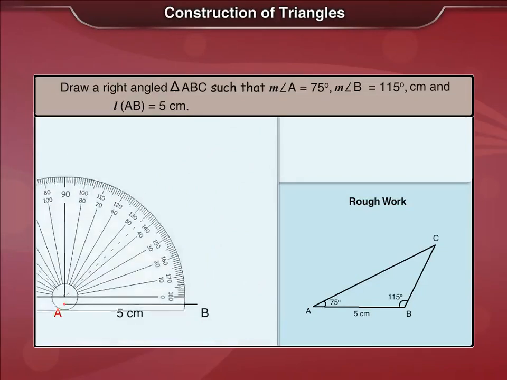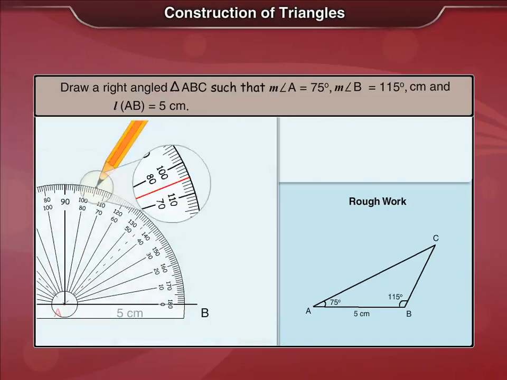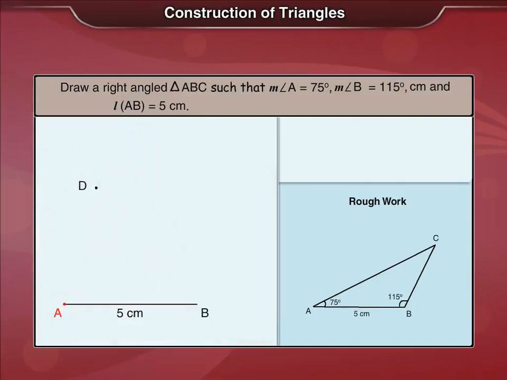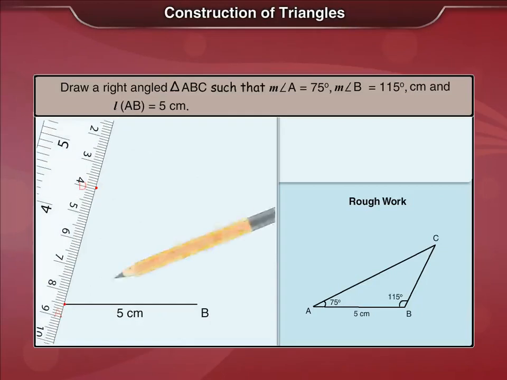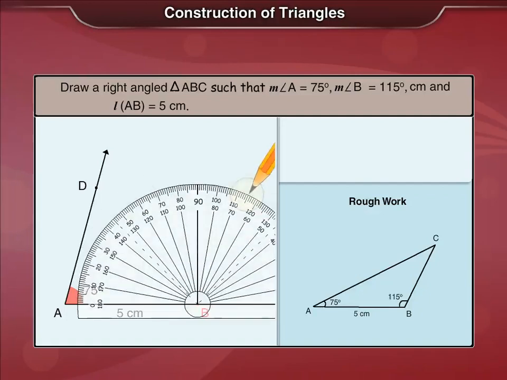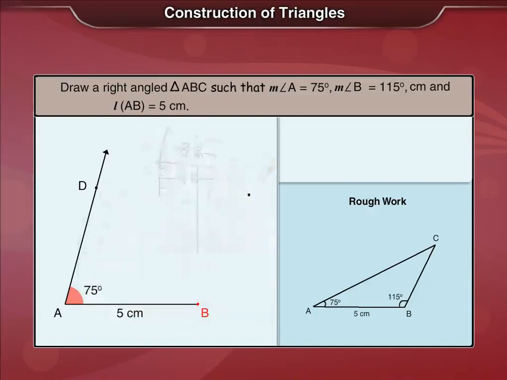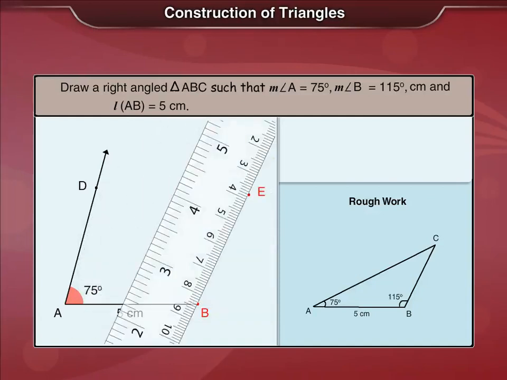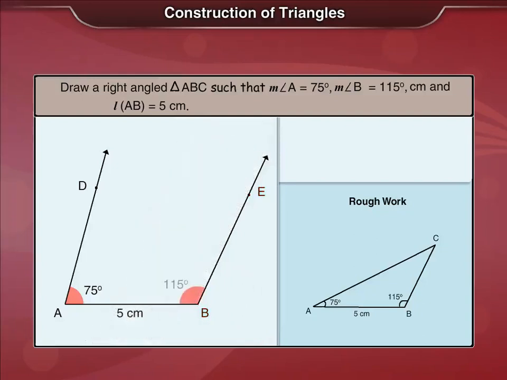Can you tell the reason for this? Correct. Let's recall the property of the triangle related to its sides. Right. The sum of the lengths of the two sides of a triangle is greater than the third side. Here, the sum of the sides PQ and QR is 4 plus 2, which equals 6 cm.